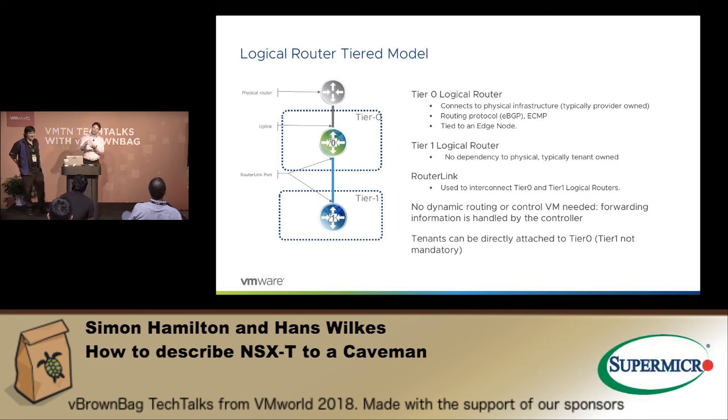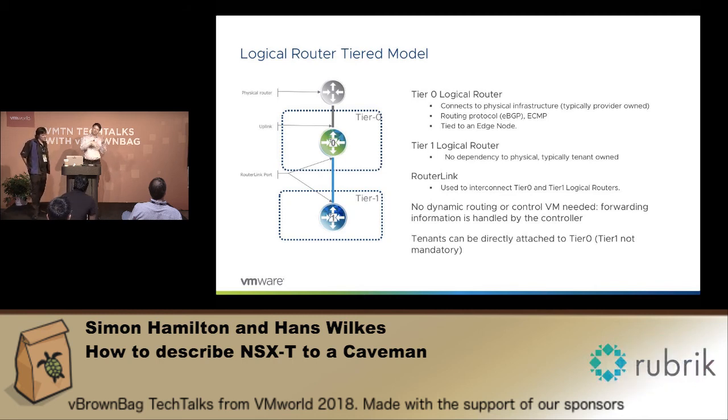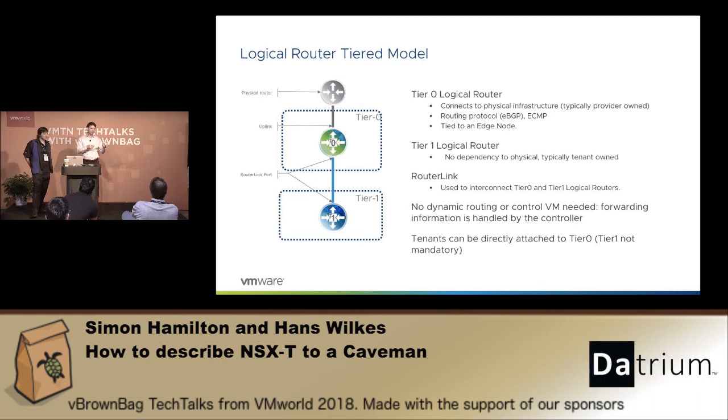But one thing is the logical routing in NSX-T is in a two-tier model, where tier 0 is usually the tier that's owned by the service provider or the IT infrastructure provider, and then tier 1 is a layer further away from the physical, and that's the layer where it might be more dynamic, and there might be tier 1 routers instantiated for a new vApp, for example.